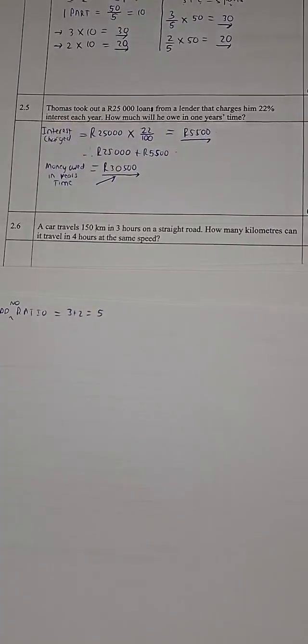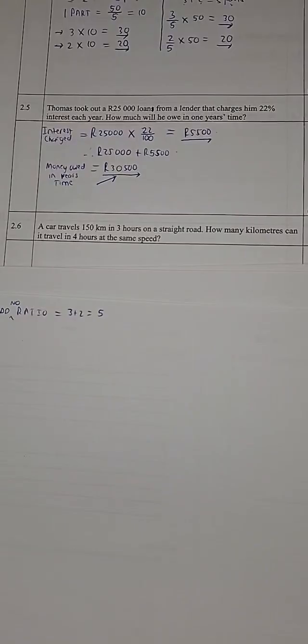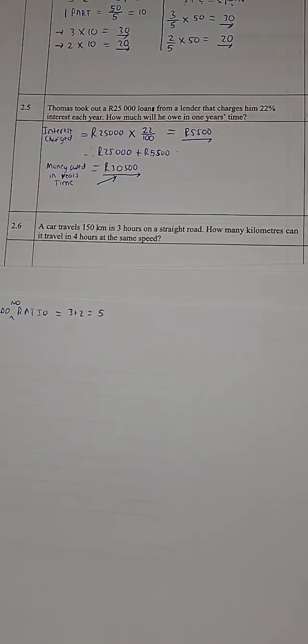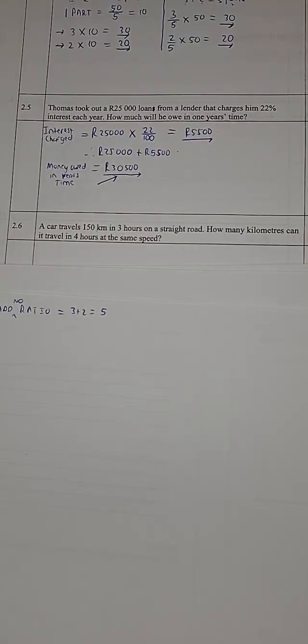How many kilometers can it travel in 4 hours at the same speed? So a car travels 150 kilometers in 3 hours on a straight road. Then the question is, how many kilometers can it travel in 4 hours at the same speed?